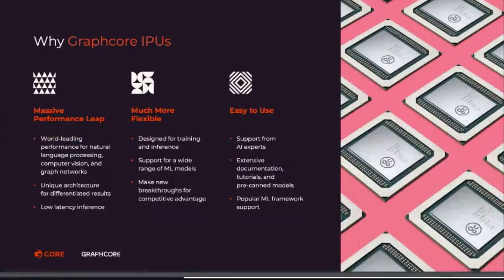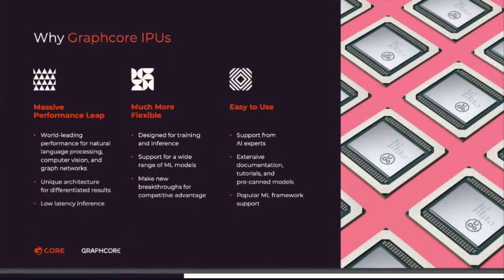What kinds of tasks can you handle with Graphcore IPUs? First of all, the performance for NLP, computer vision, and graph networks. This is a unique architecture for differentiated results, and of course low-latency inference, where you can use our CDN for the inference moments.